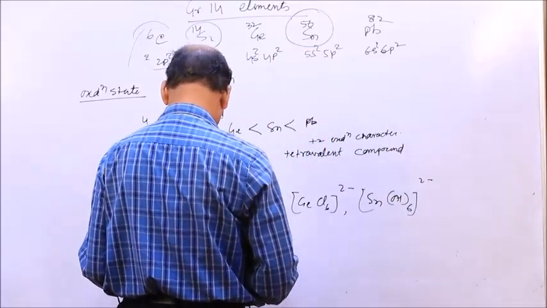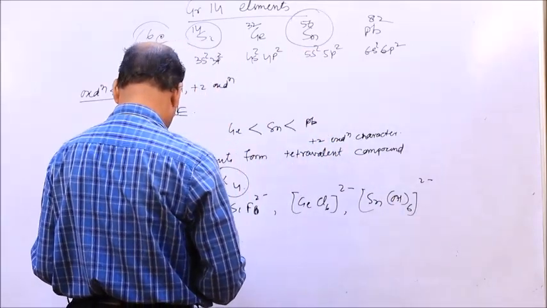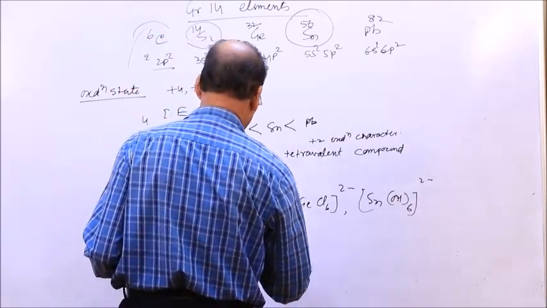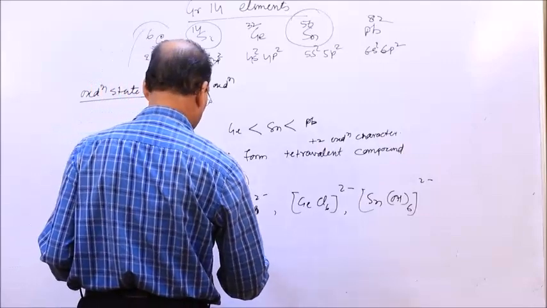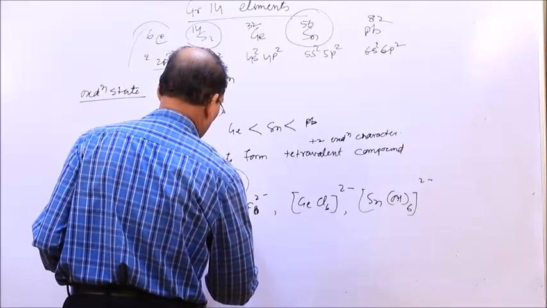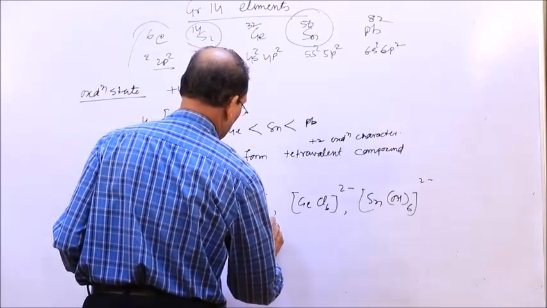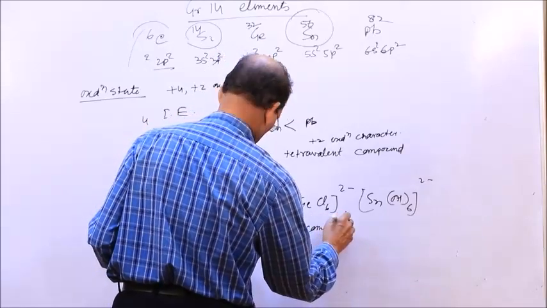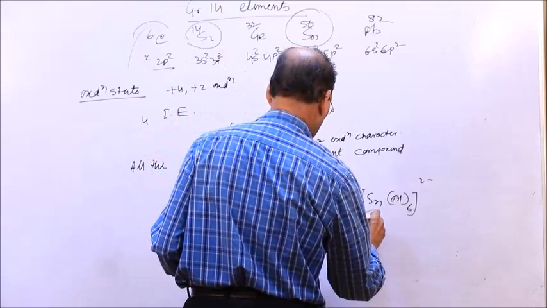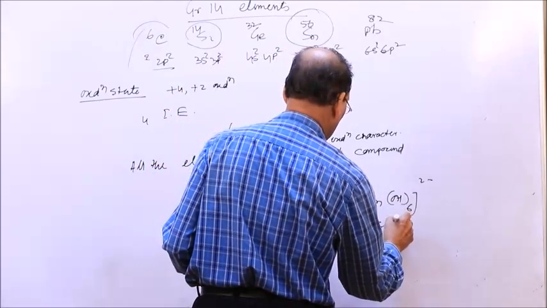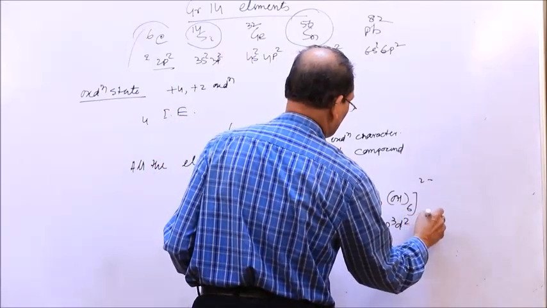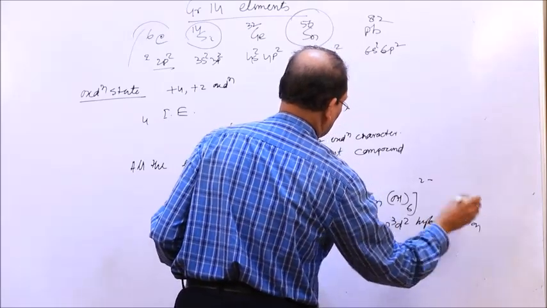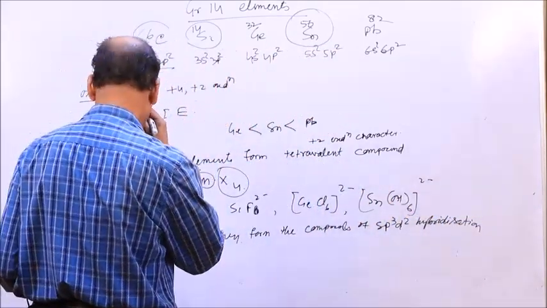They are of the donor species and exist with sp3d2 hybridization of the central metal atom. So they form compounds of sp3d2 hybridization.